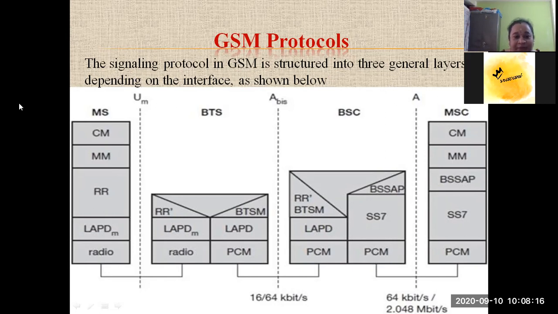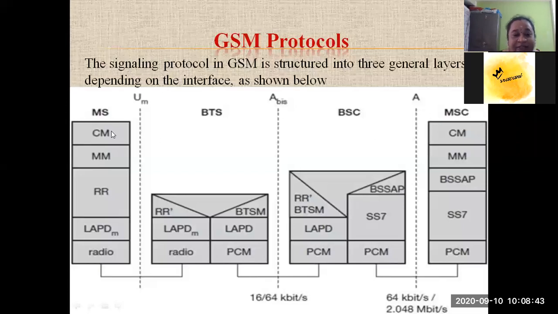This mobile station, that is the physical mobile user or the end terminal equipment, which is going to communicate with the other user on the other side, has to first get connected with the corresponding mobile switching center, right? As you know from the three subsystems and how they are going to work, this has to get connected with the mobile switching center.